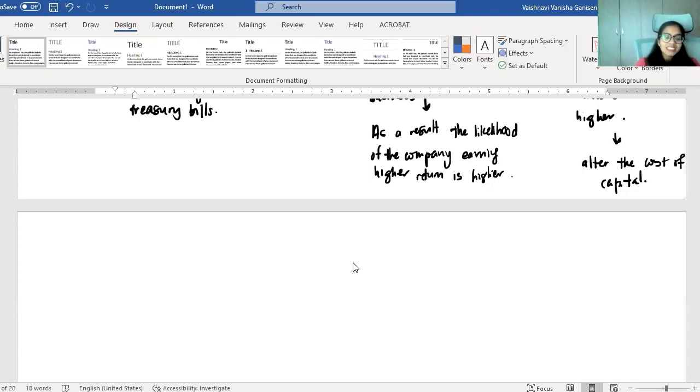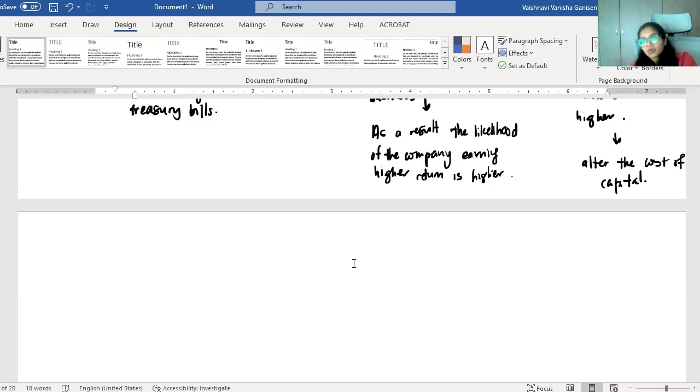So, as a result of that, the cost of debt is always going to be cheaper than the cost of equity. Is there an event where your cost of equity can be lower than cost of debt? Of course, there will be a scenario where that is possible, right? But for the most part, we deal with the cost of debt will be lower than cost of equity.